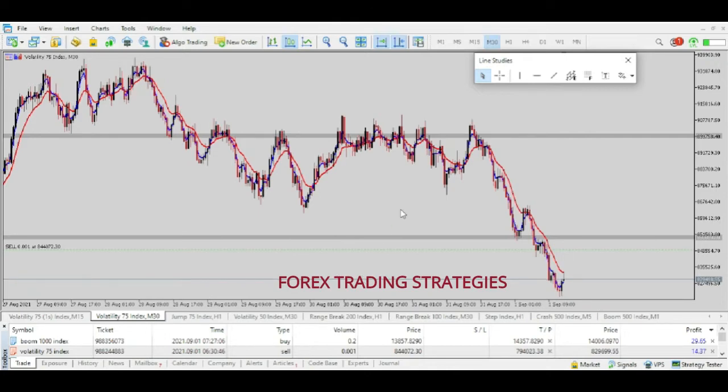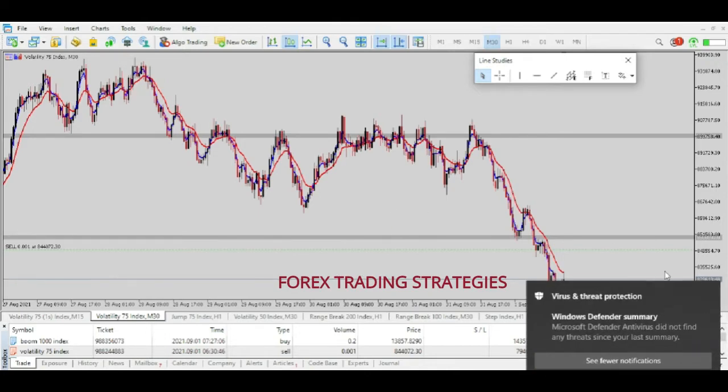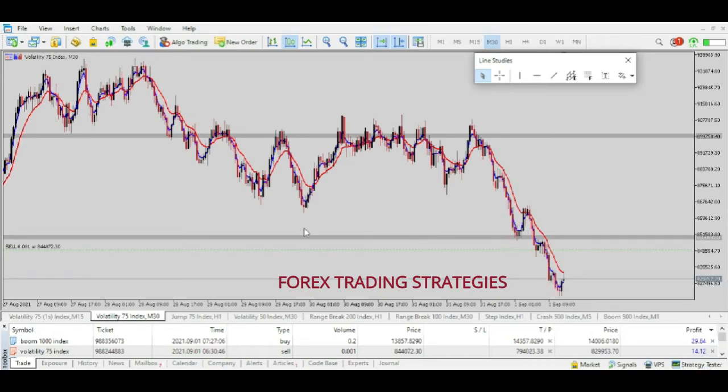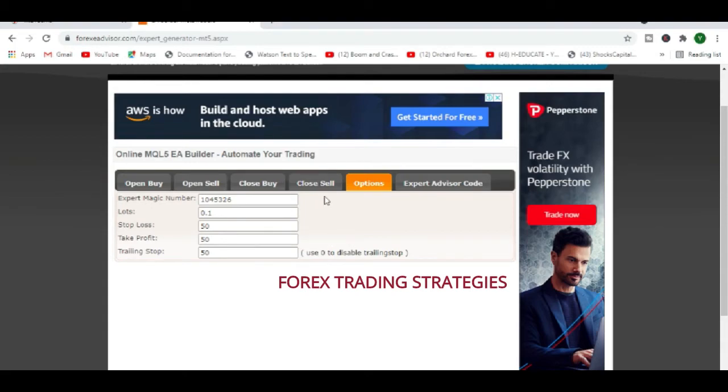The magic number is what's going to tell the robot that these 5 out of these 75 are the trades that were opened by this robot. So those are the only trades that are going to be affected by this, especially when it comes to closing. It's only going to look for the trades that have got this particular magic number, and it's going to close them or move trail stop or do the other things.